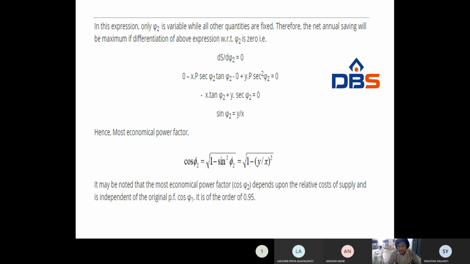Therefore cos phi 2 is equal to square root of 1 minus sin square phi 2, that is square root of 1 minus y by x whole square. This is the most economical power factor when kilowatt demand is constant.